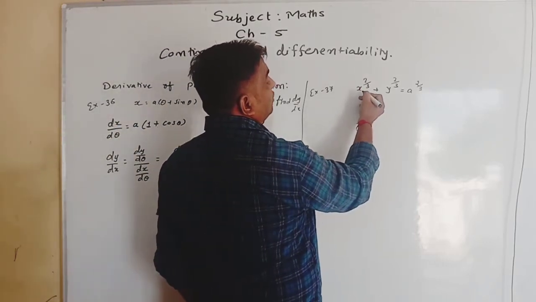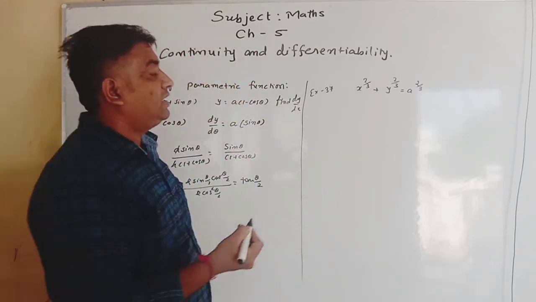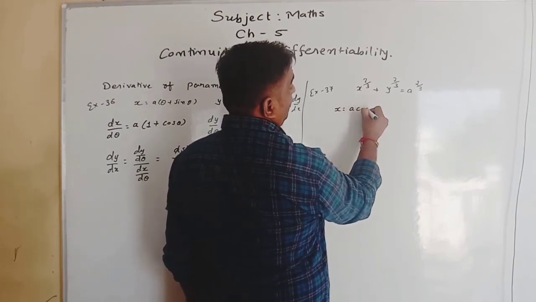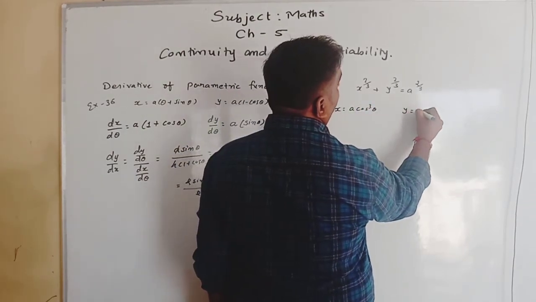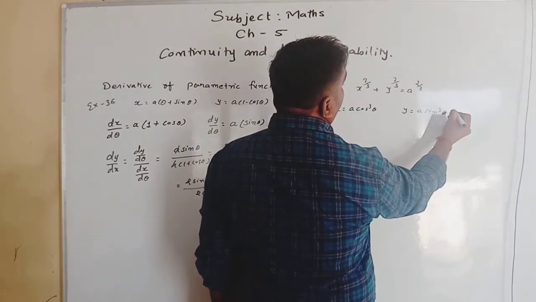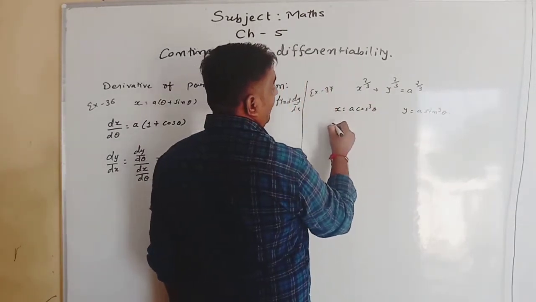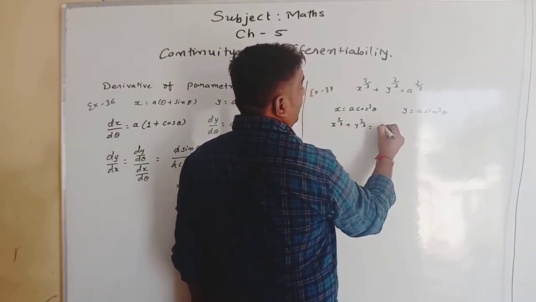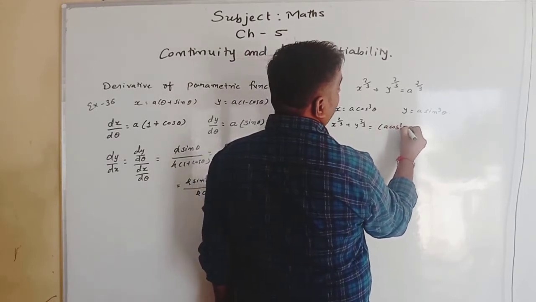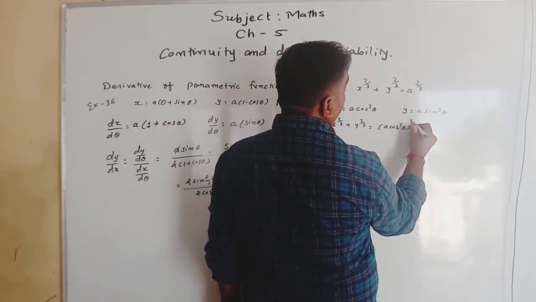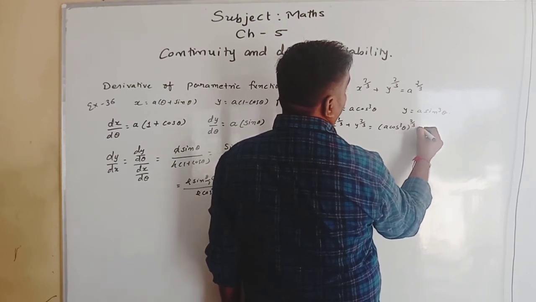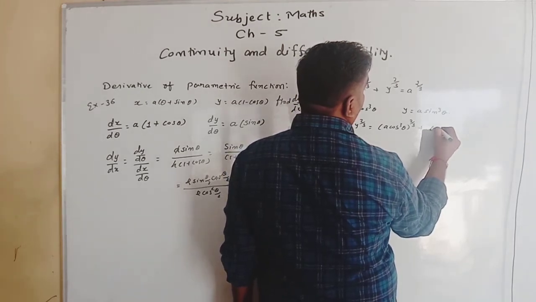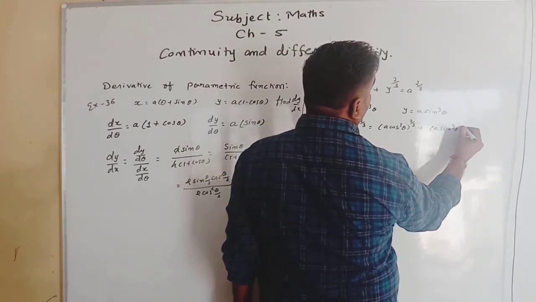Here x raised to 2 by 3 plus y raised to 2 by 3 equals a raised to 2 by 3 is given. So we take x equals a cos cube theta and y equals a sin cube theta. Then x raised to 2 by 3 plus y raised to 2 by 3 equals (a cos cube theta) raised to 2 by 3 plus (a sin cube theta) raised to 2 by 3.